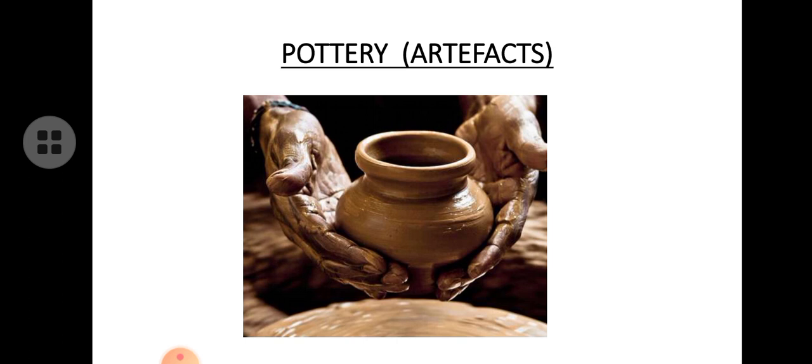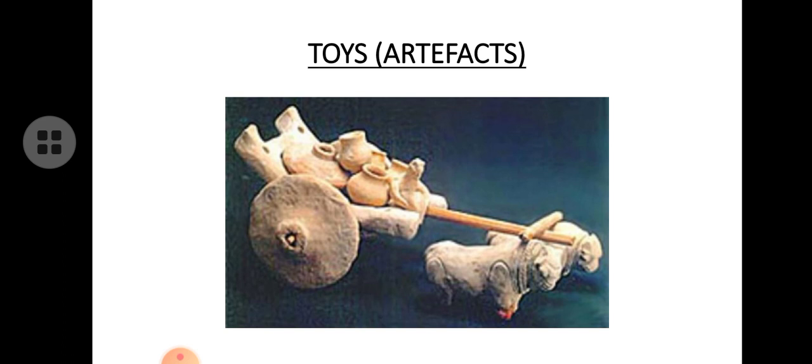Pottery is one of the prehistoric materials which gives information about the time. Next one is toys. Prehistoric man used clay and some kinds of metals to make toys. This is also a handmade material which comes under artifacts.